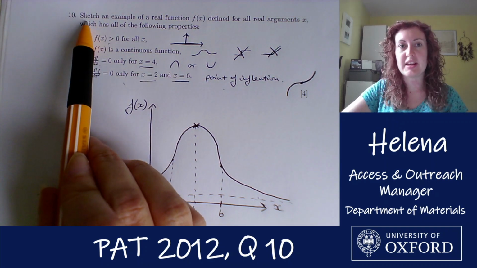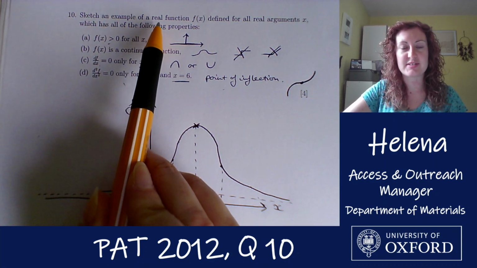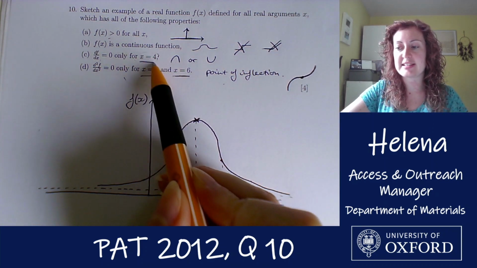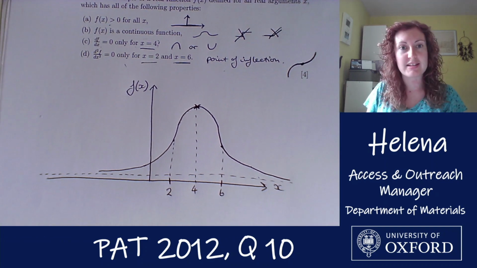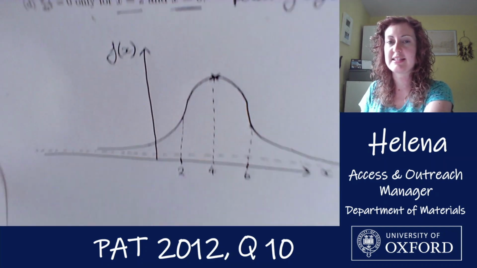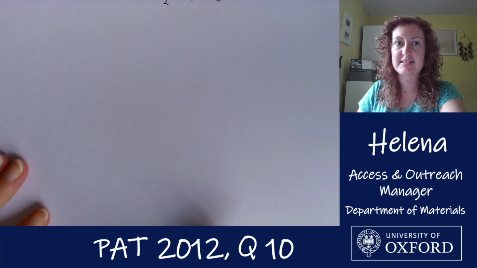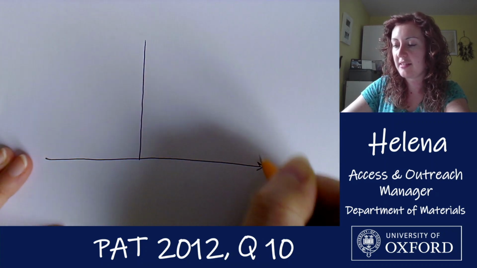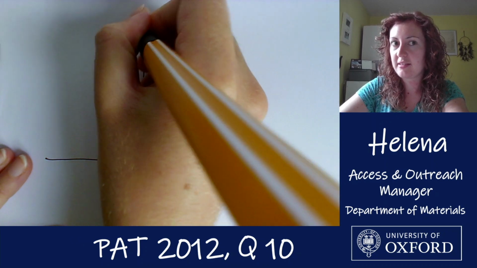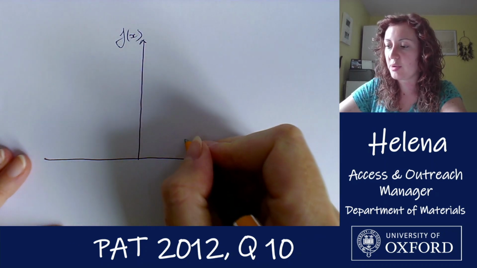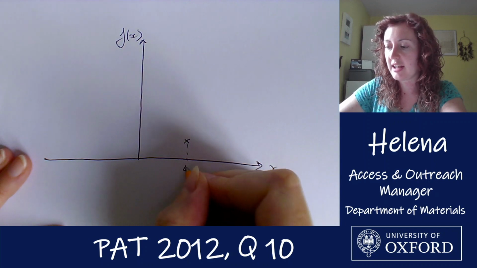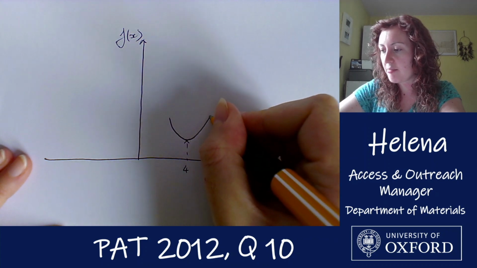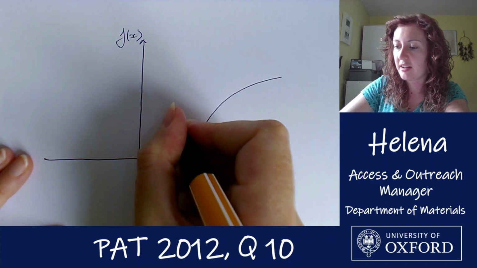And if you remember, the question asked us to sketch an example of this function. So here, for this example, I assumed that the turning point at x equals 4 was a maximum. But you could have tried assuming that it was a minimum as well, and you might get a slightly different looking graph that still fits all of these properties. So if we draw our axes again, but we were to assume that the turning point, let's say it's somewhere down here, at x equals 4 was a minimum, you might have something that looks a bit like a mirror image of this graph here, like this.